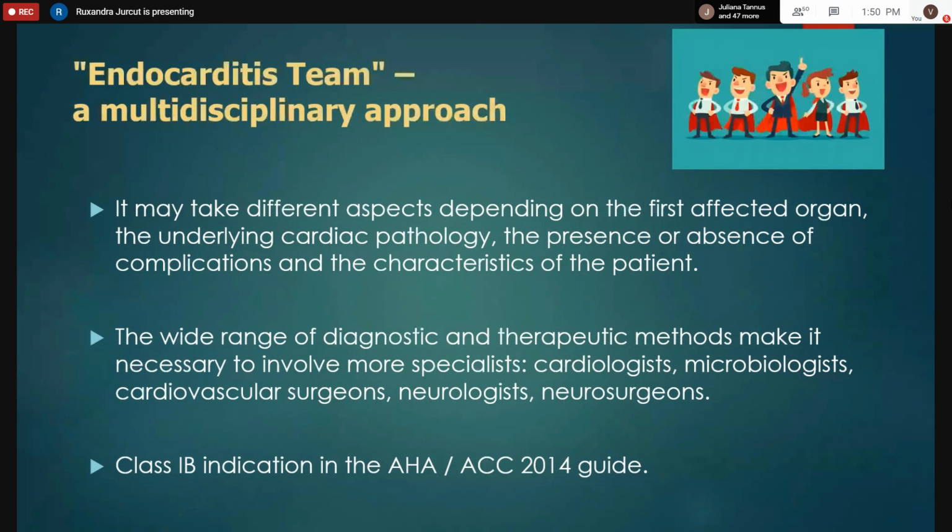So this is to conclude this lecture, and I hope it convinced you that it is a disease where, first, it's very important to have the suspicion in order to diagnose it timely, early enough in the evolution of the disease.